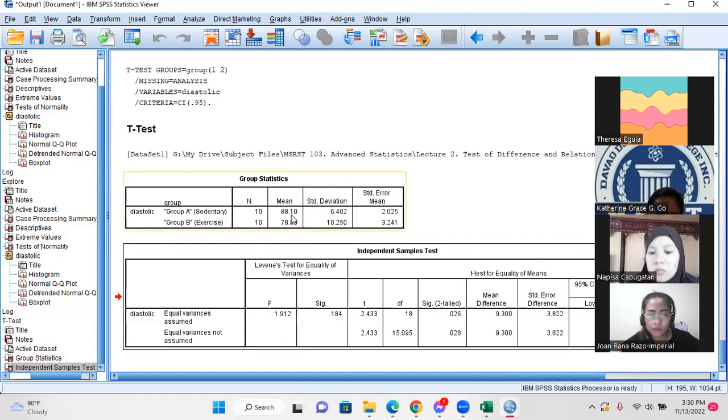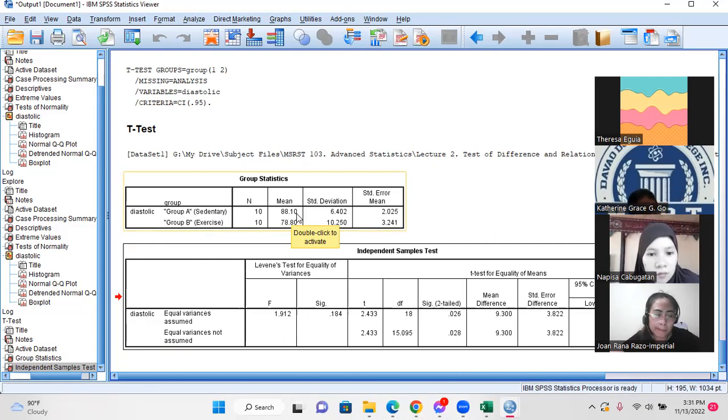Ito yung mean ng group A. Ito ang mean ng group B. So mapapansin natin, mas mataas ang diastolic blood pressure ng mga hindi nag-exercise kaysa mga nag-exercise, 'di ba? Kita ninyo? Ito yung mean. So itong sedentary, ito yung mga hindi nag-exercise.